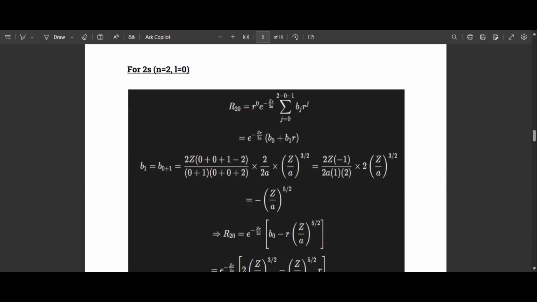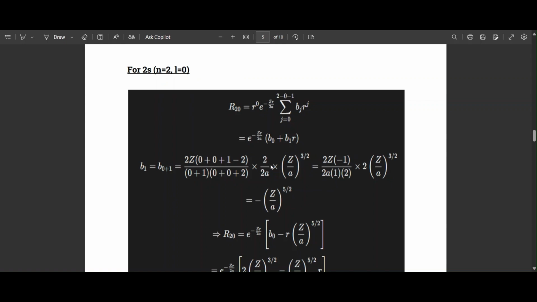so where were we? Okay, so b0 times 2Z upon 2a, this is j plus l plus 1 minus n. 0 plus l is again 0, and 1 minus n is minus 1. This is j plus 1, 0 plus 1. j plus 2l plus 2. So l is 0, j is 0, so 2l also will be 0, so this plus 2 came.